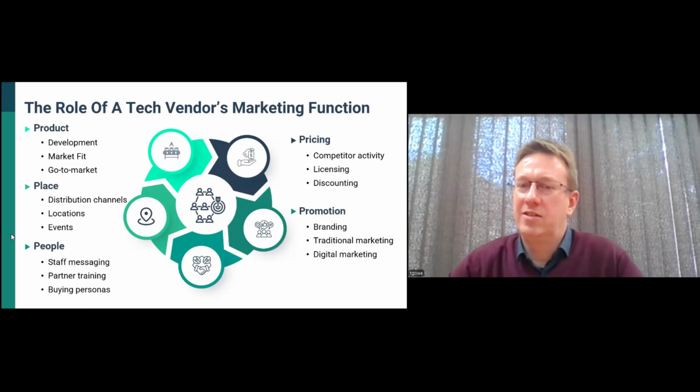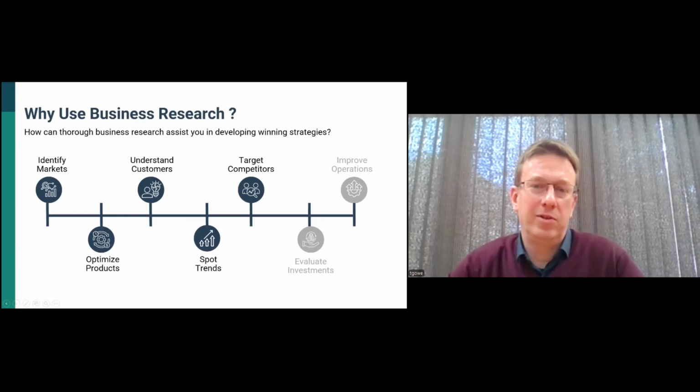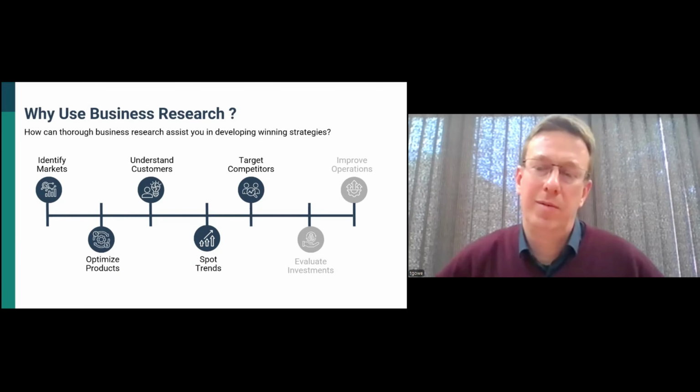If we move on to the next slide, it's an important slide that talks about some of the things that business research can help with. And what we've done with this slide is to actually convert it again into its relevance to the marketing department.